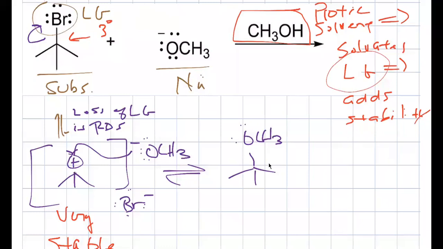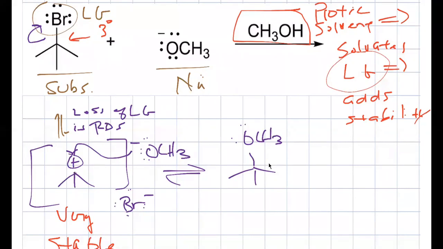I always use an analogy. A professor got mad at me one time when I used the analogy. SN2 is like one person coming over while the other person is leaving.